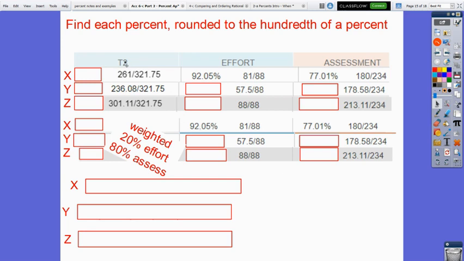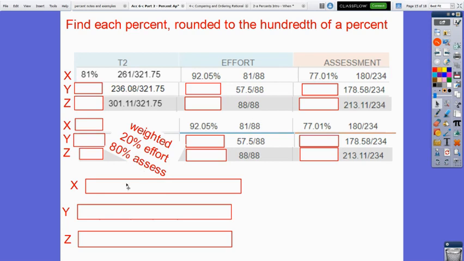So let's look at what happens here. Up here, if this was not weighted at all, 261 divided by 321.75 is 81% for this student X. Now, to do the weighted grade, you take each category and multiply it by its weight, the percent weight as a decimal.